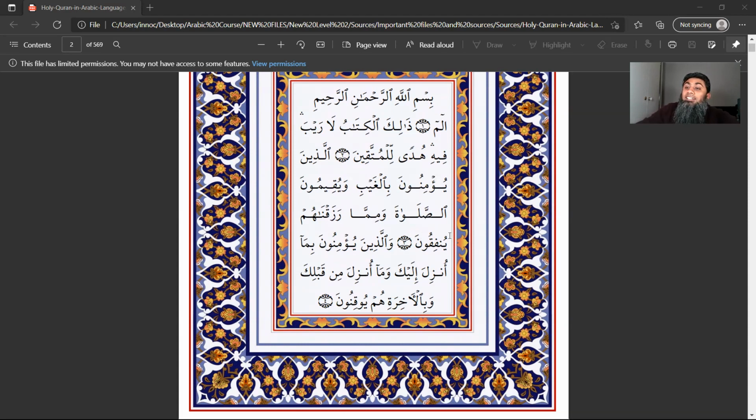Because all of them are connected and each one of them is a sentence of jumlatul failiya. So allazina is a mawsool, and everything up to here is the sila. Mawsool and sila together make the jumlatul mawsoola. And we discussed before that this jumlatul mawsoola always describes something which came before it, al-Muttaqina. Al-Muttaqina is being described by this description.